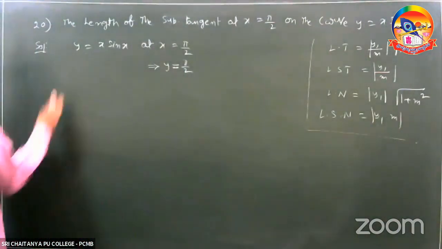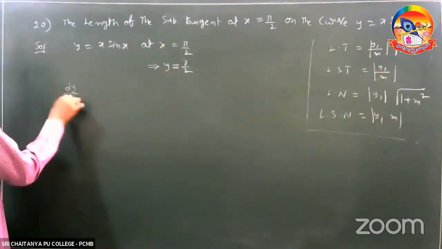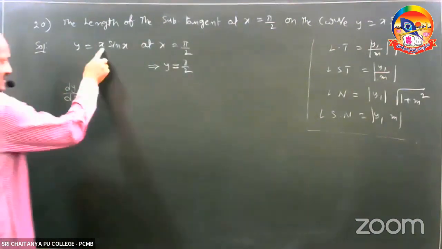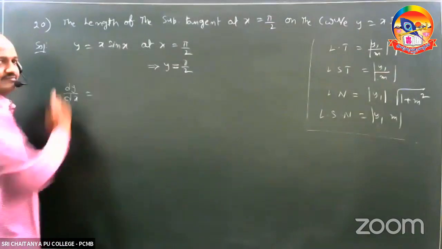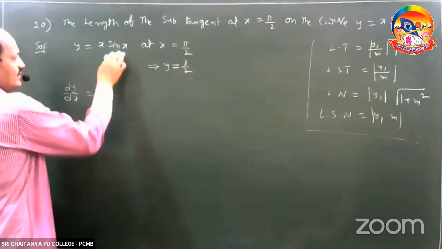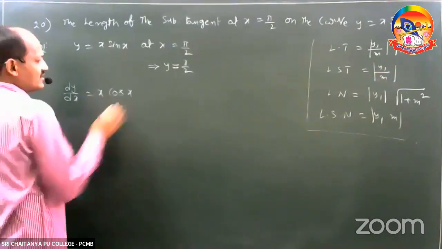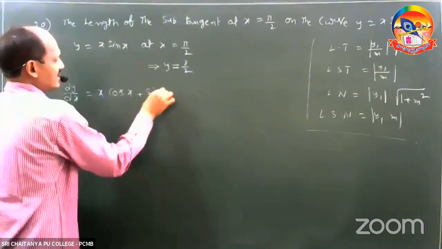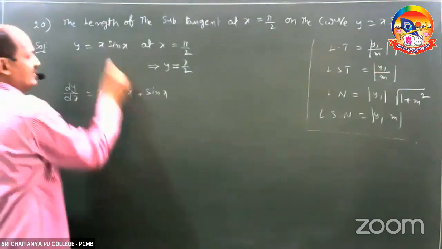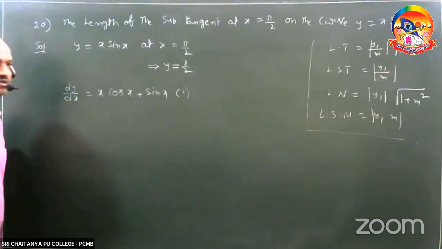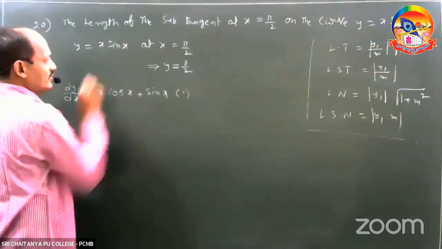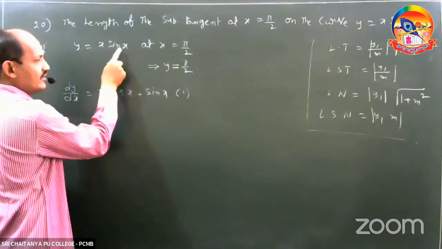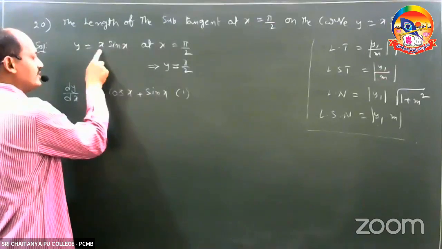Now we have to find the derivative. dy by dx is a derivative of uv form: x into derivative of sin x, that is cos x, plus sin x into derivative of x, that is 1. Derivative of uv form is u into derivative of v plus v into derivative of u.